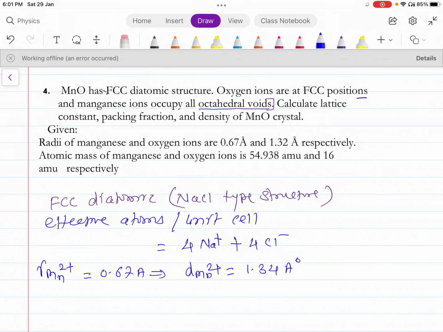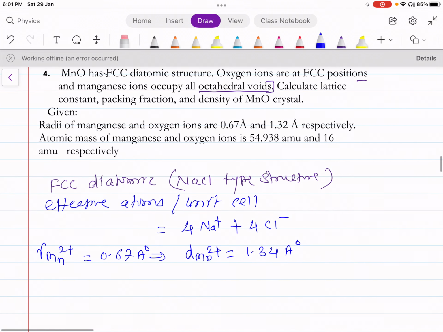This is given. Similarly, the radius of oxygen is given, which is 1.32 angstrom, and therefore the diameter of oxygen is double of this, that is 2.64 angstrom.